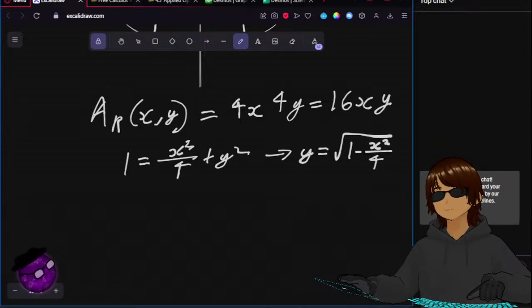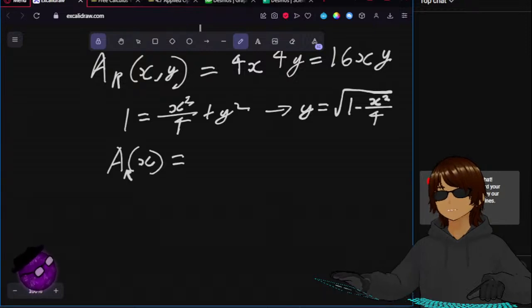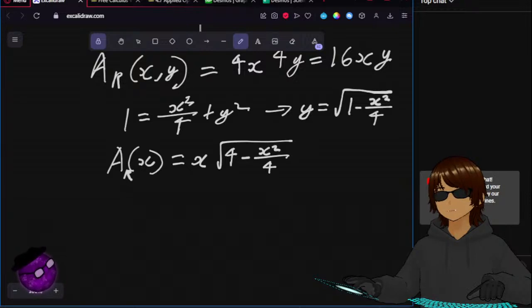Hmm. So then we only need the area of the rectangle in terms of x, I can put 4 inside. Wait, hold on.